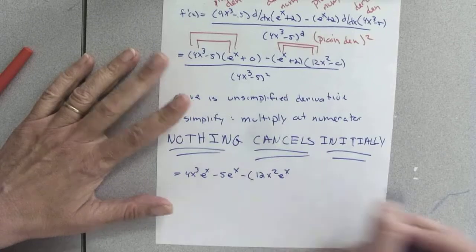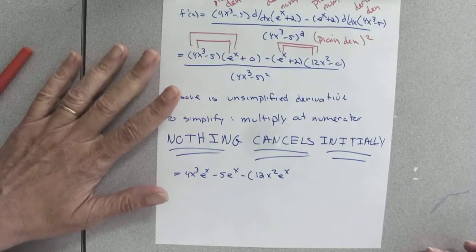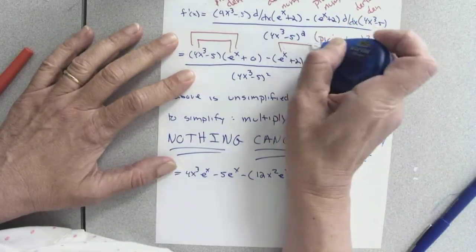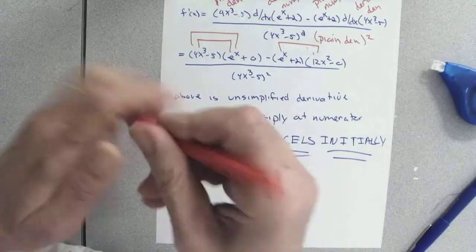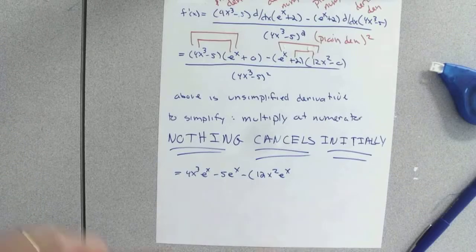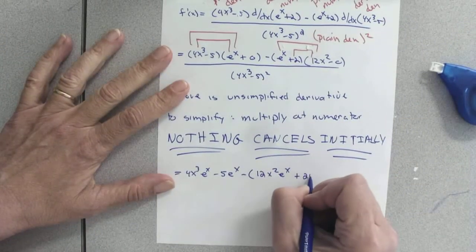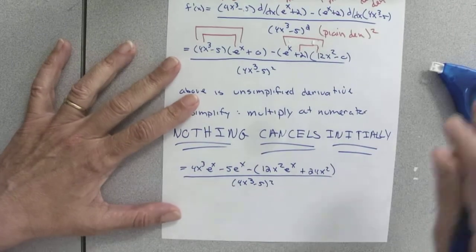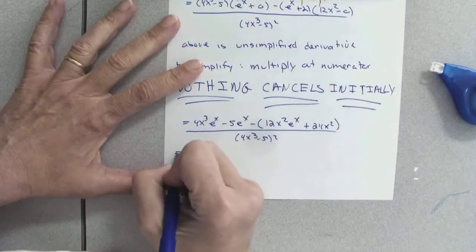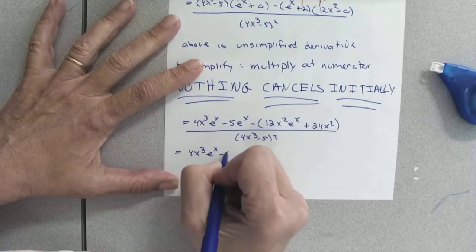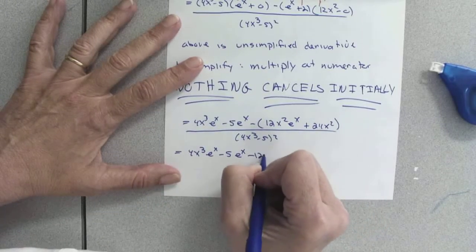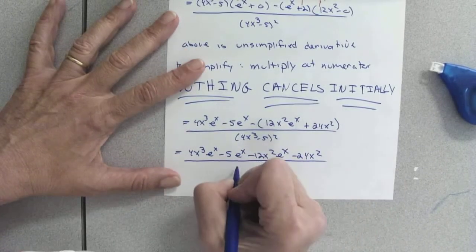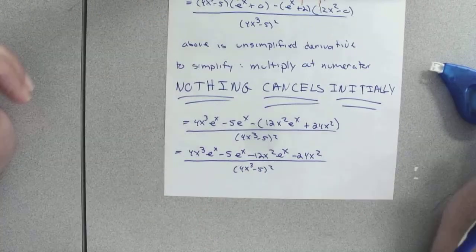So minus 12x squared e to the x plus 24x squared, all over 4x cubed minus 5 quantity squared.